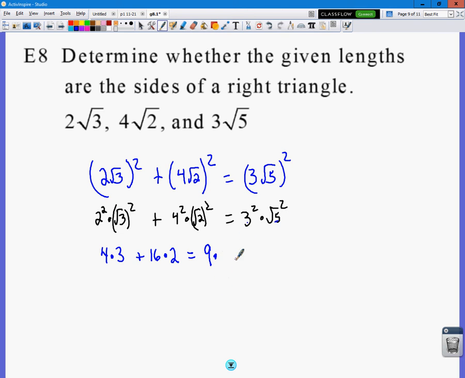Square root of 5 squared is 5. 4 times 3? 12. 16 times 2? 32. 9 times 5? 45. Is 44 equal to 45? No. This is not a right triangle.